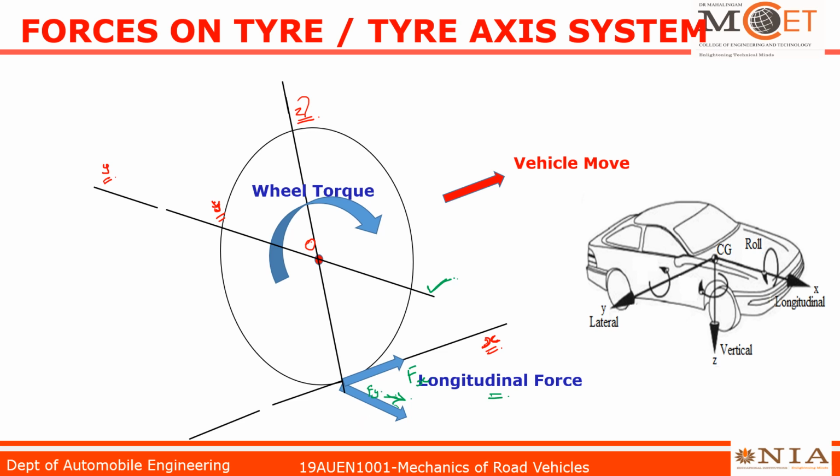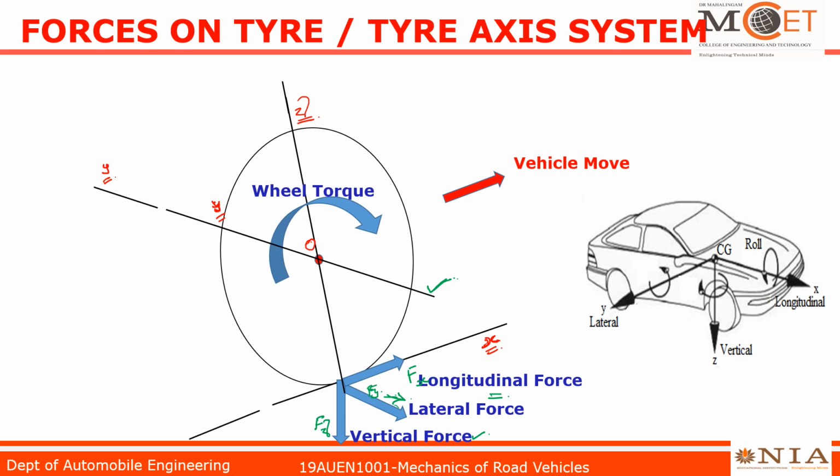This is called lateral force because the force acts in the lateral direction. If the force acts in the vertical direction, we mark it as Fz because it is Z directional force, which is called vertical force.